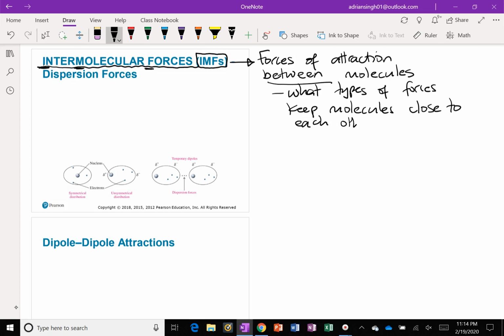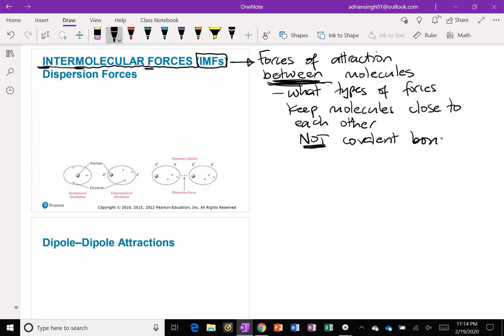And this is key here: it's the force of attraction between molecules, not covalent bonds. That is a force happening inside of the molecule.